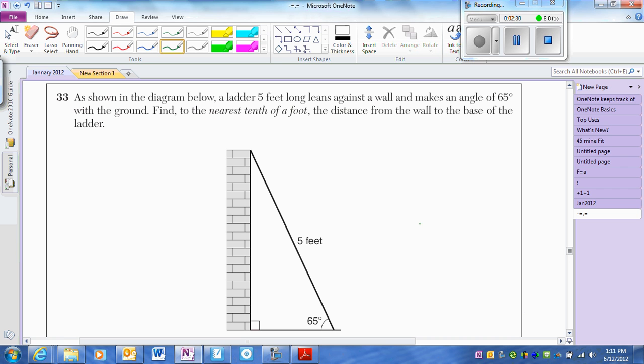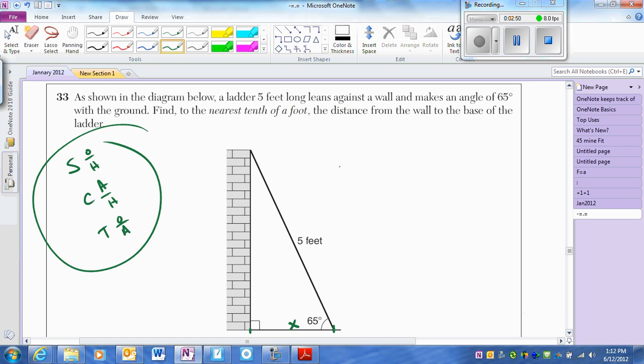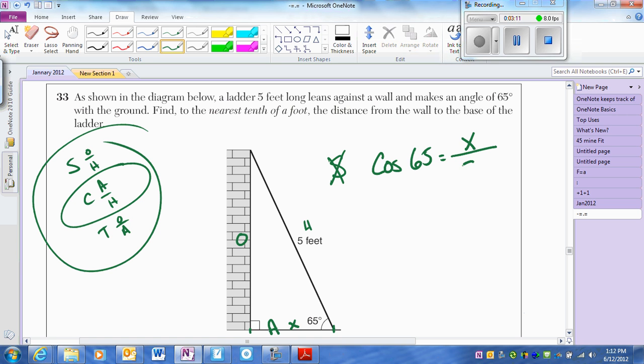As shown in the diagram below, a ladder 5 feet long leans against a wall, and makes an angle of 65 degrees. I think they're asking what this distance is from here to here, so we'll put an X here. Obviously, this is some old problem. These will be on your formula sheet, so you don't have to worry about them. Do I use sine? Let's see. That's the hypotenuse, there's the opposite, and this is the adjacent, and cosine is the one that uses adjacent and hypotenuse. So cosine of the angle, which is 65 degrees, is equal to the adjacent, which is x, over hypotenuse, which is 5.